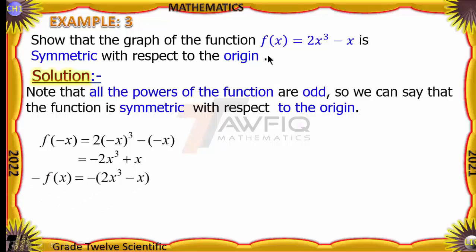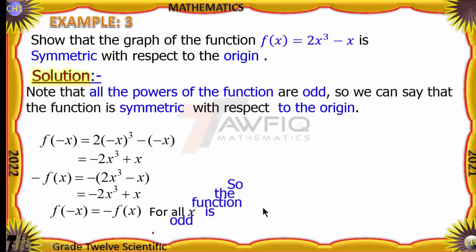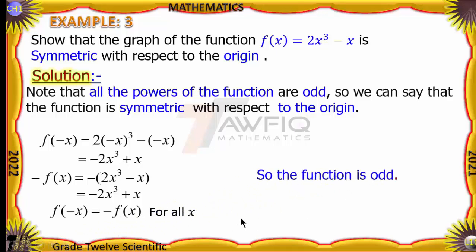And now take f(x) and multiply it by -1. -f(x) equals -2x cubed minus x. Then it equals -2x cubed plus x. We can see this part is equal to this. Then f(-x) equals -f(x) for all x. So the function is odd.